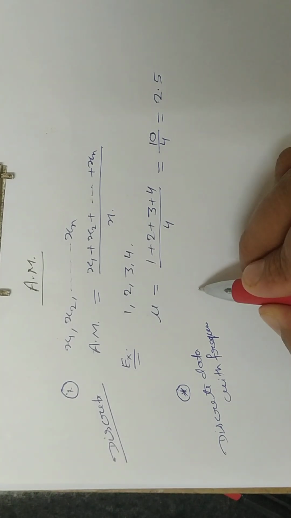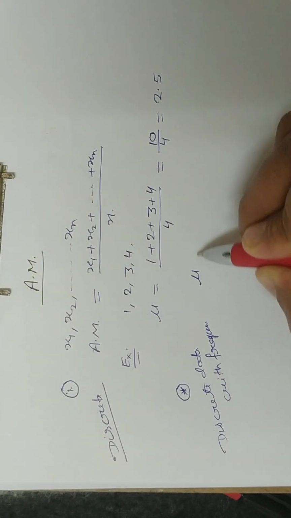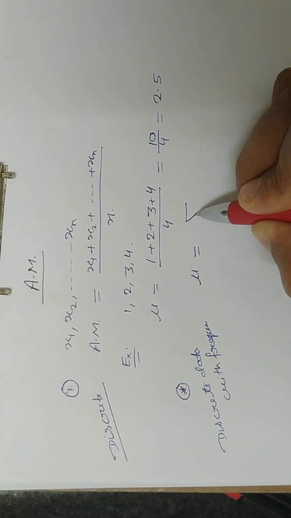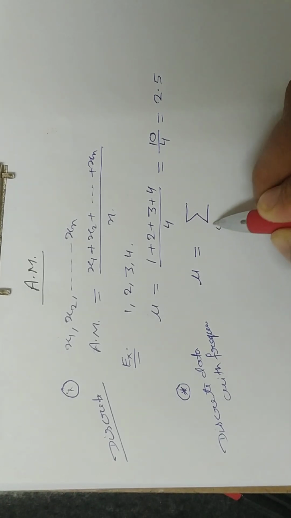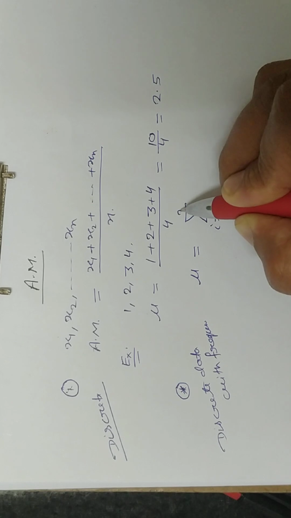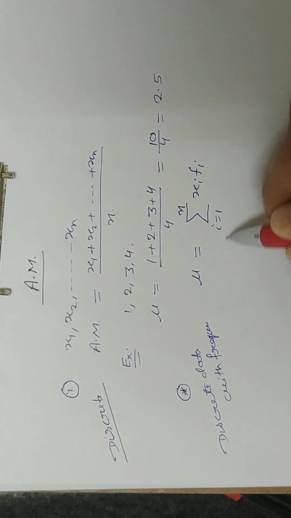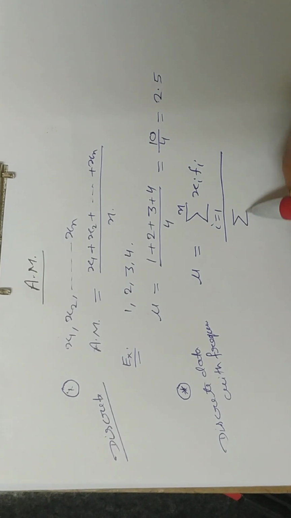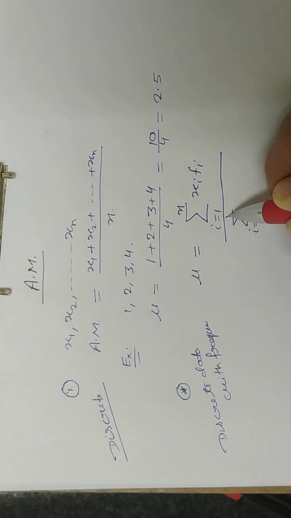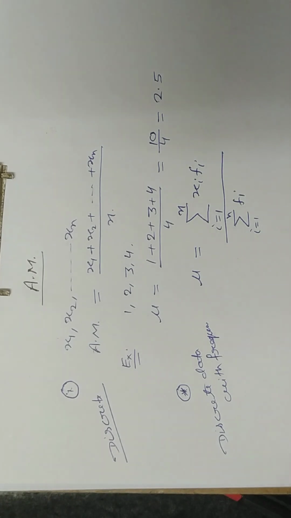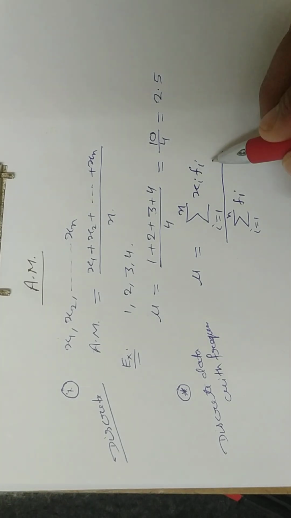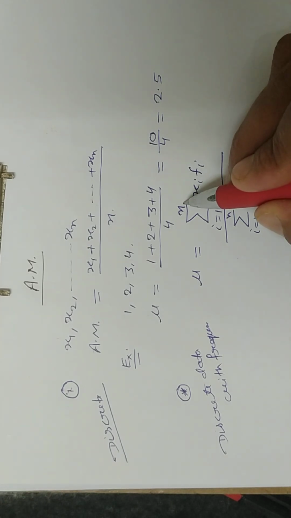then we will use the formula for finding the mean: sum of i equal to 1 to n xi fi upon sum of i equal to 1 to n fi. This is the formula for discrete data with frequency, where f denotes the frequency of the data, n total count.